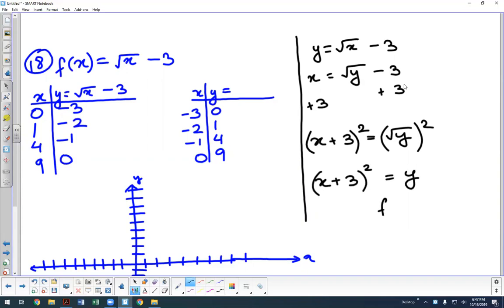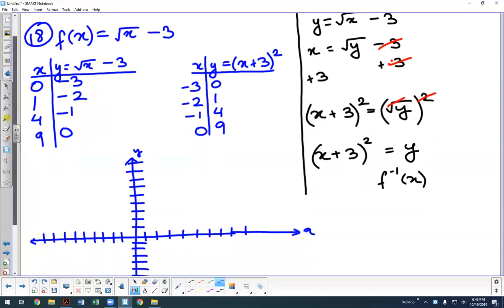So this is our f inverse function: x plus 3 squared.